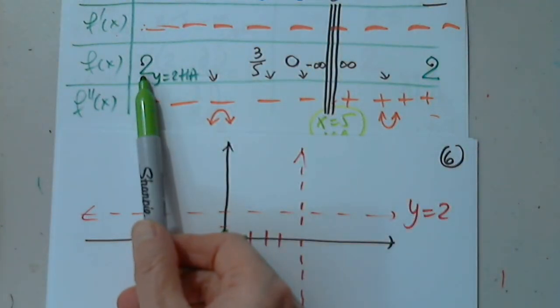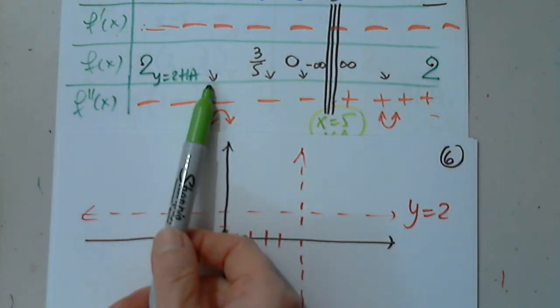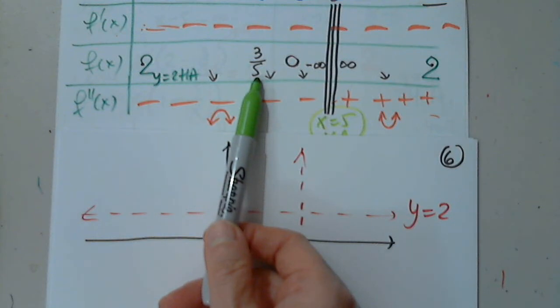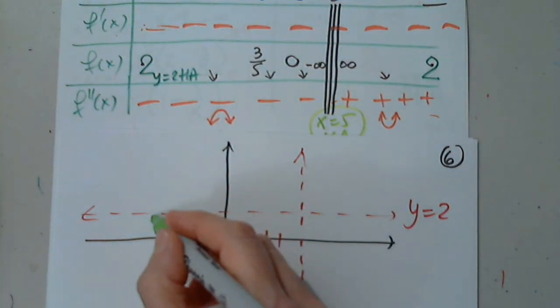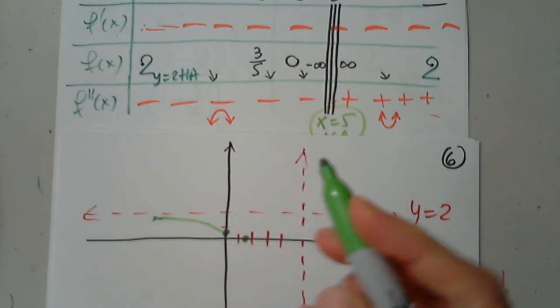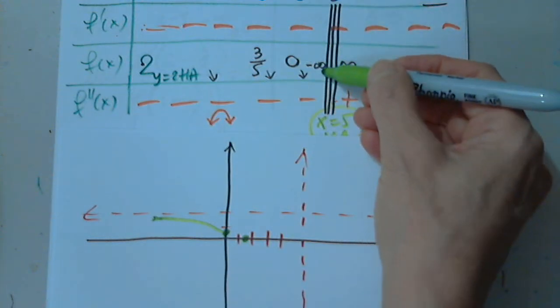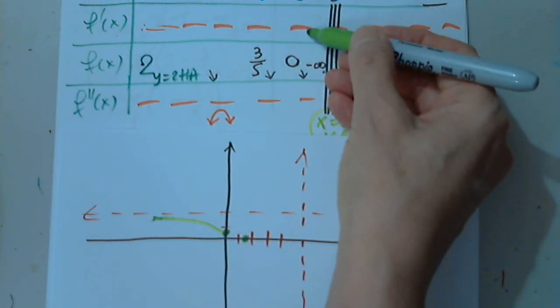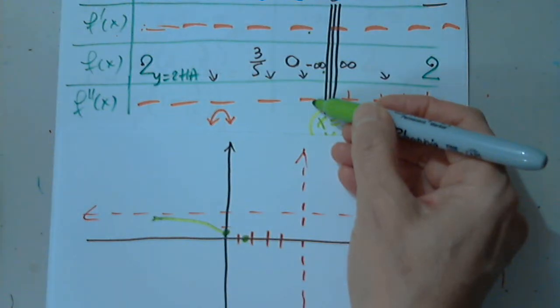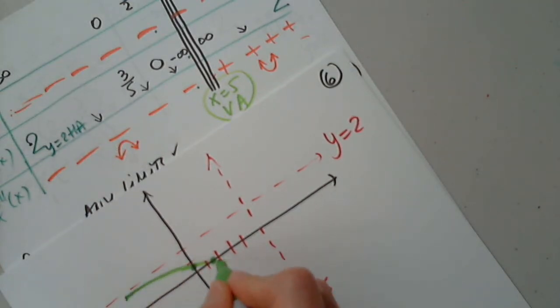It's coming from 2, opening down, and decreasing to the y-intercept. Okay. Continues to decrease, crosses the x-axis, going towards negative infinity, continues to decrease, continues to open down. It doesn't have corners, it's a smooth continuous function.